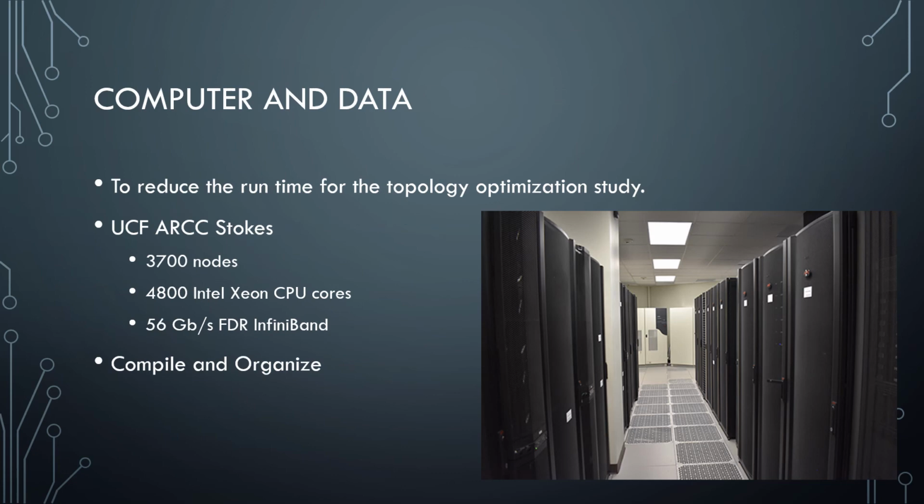To reduce the runtime for the topology optimization study, a supercomputer with a high level of performance as compared to a general purpose or personal computer will be used. The University of Central Florida Advanced Research Computer Center Stokes cluster has the capability to run the topology optimization solution. The specs are listed. From there, compiling and organizing the results can be used to create the metric described in the proposal methodology.